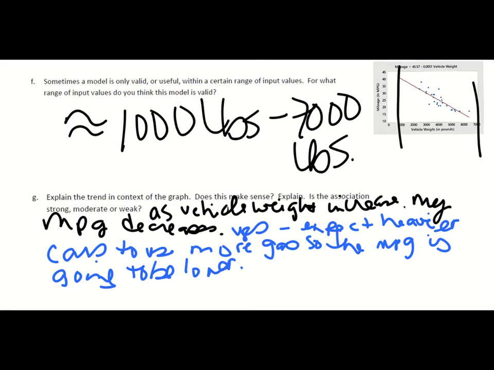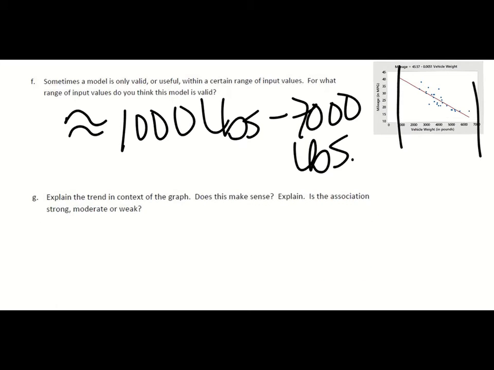And then it asks, is this association weak, moderate, or strong? Those points are spread out a little bit, so I would probably say it's moderate. They're not all right on the line on the graph, so I would say this is moderate.